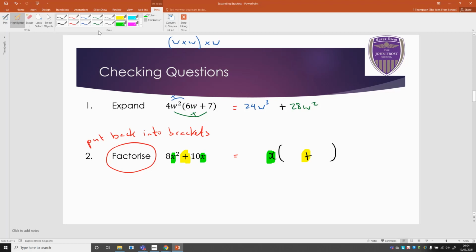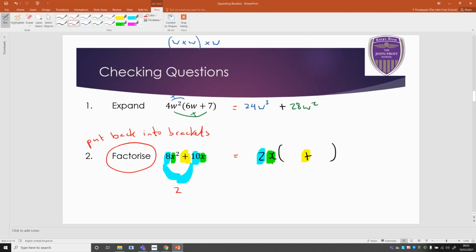I wonder if anyone else spots as well that there's something else outside, but perhaps if we could spot that, because if I think about 8 and 10, I think that there's definitely a number that I could have times it by to make 8 and 10. Can we see these here are both in the 2 times table, aren't they? All right. So actually, I could also pull a 2 outside as well, because there's a 2 in both of these.